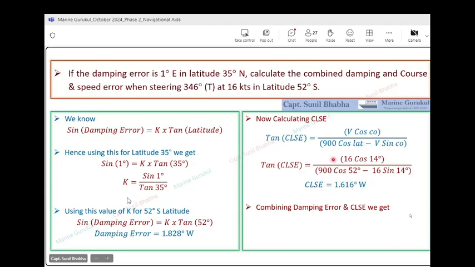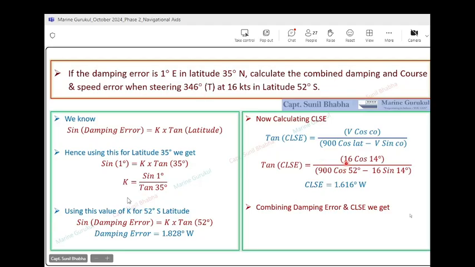Now putting all the given values, we get tangent of CLSE is equal to V is 16 knots, cos of course, so course is 346 degrees. We always use quadrantal notation course in the formula. So converting it into quadrantal notation, we get it as north 14 degrees west.